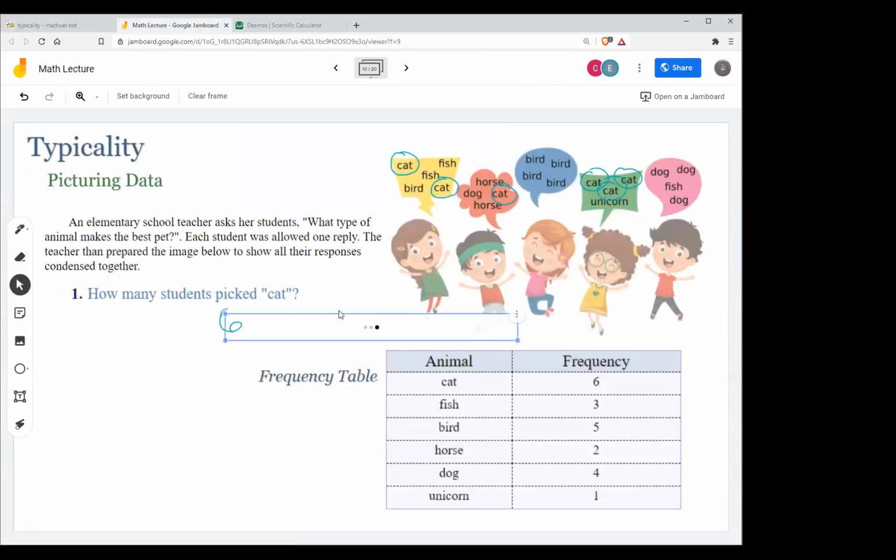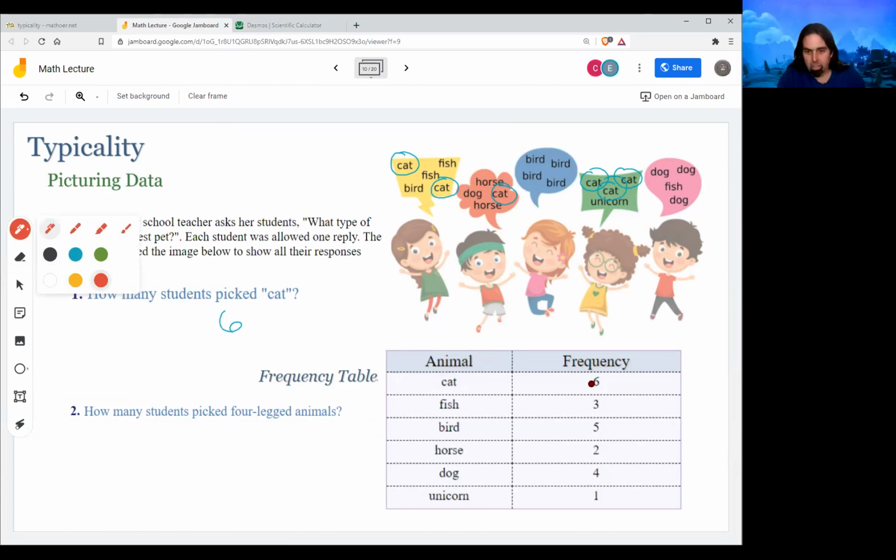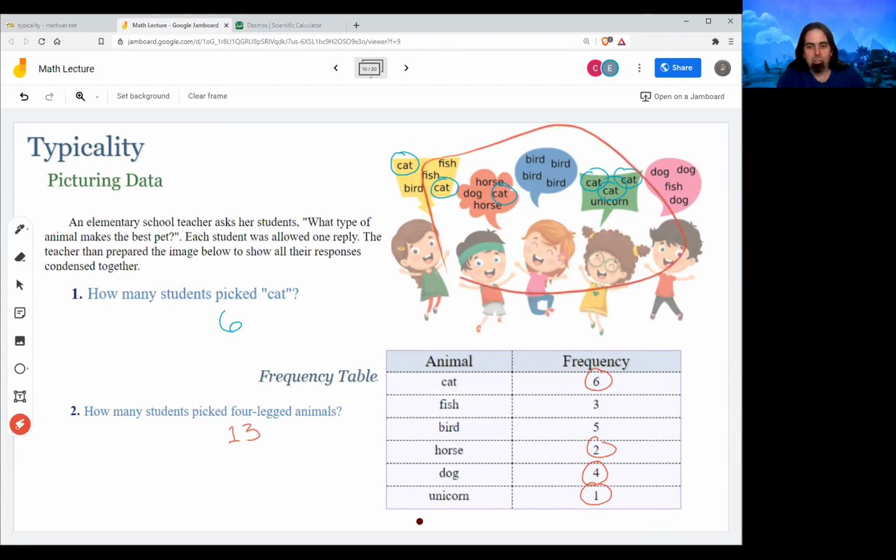I got 13. So 4-legged, that would be the cats, the horses, the dogs, and the unicorns. So the 6 and the 4 is 10, plus 2 plus 1 is 13. Slightly tricky, but that would be a nightmare if we were trying to use the picture instead of the frequency table.